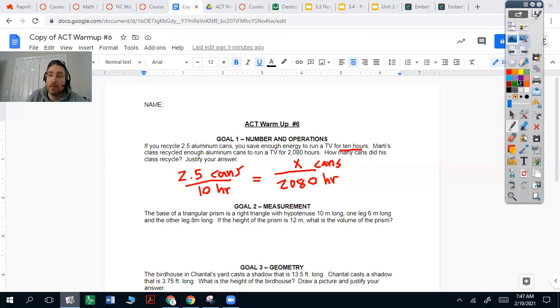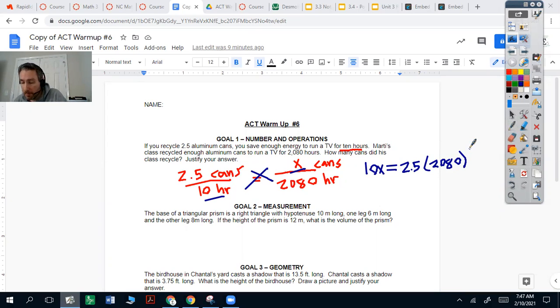And so you can solve a proportion by cross multiplication. That's going to be 10 times x. We say 10x equals 2.5 times 2080. Use your calculator to solve that.